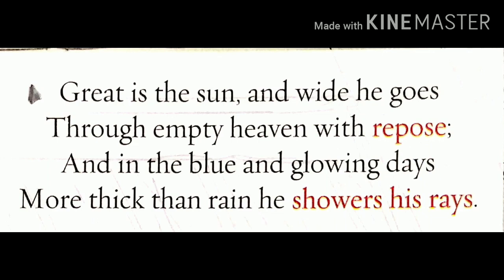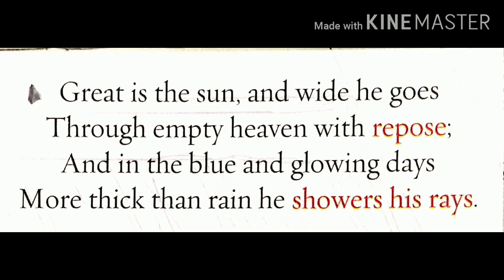Dear children, you must have heard from your elders and your teachers that the sun is a big ball of fire. So in this poem, the sun is compared to a big or huge person who travels everywhere. As you know, sunlight travels everywhere without thinking about anything, calmly.